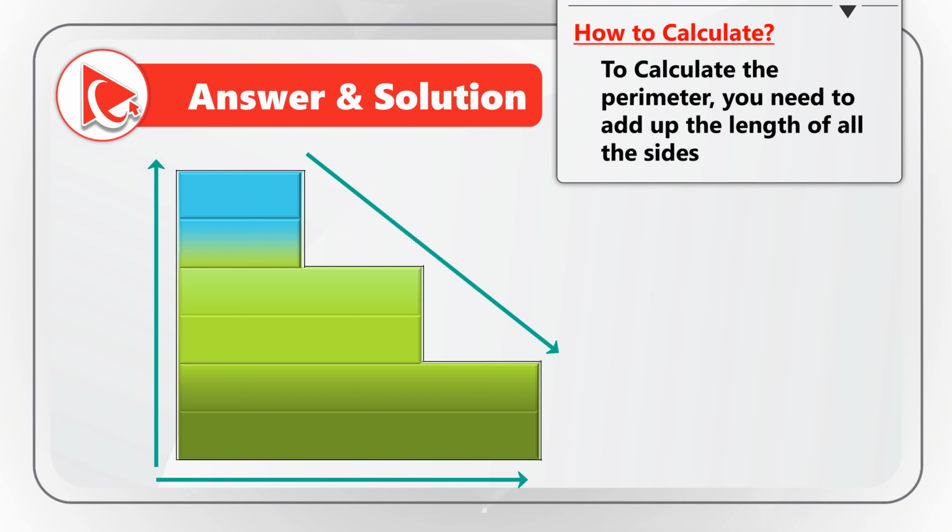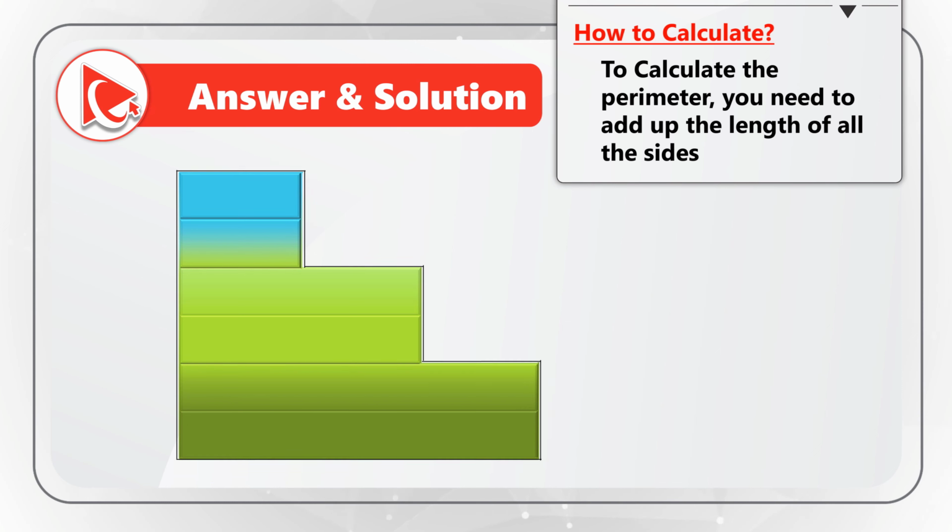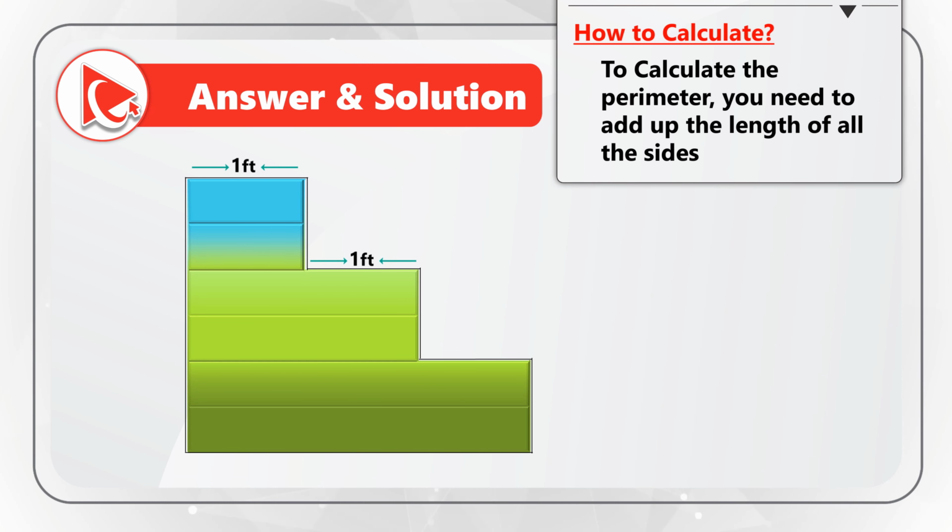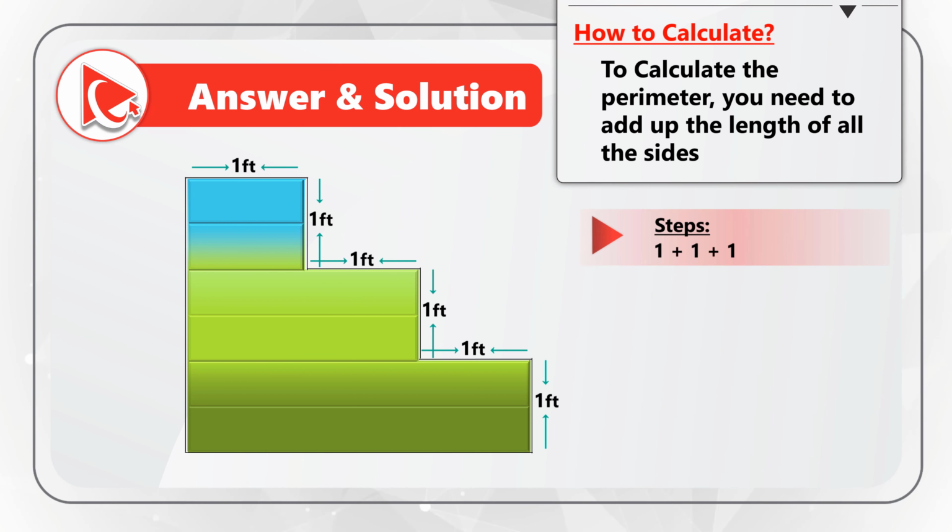So first, let's calculate the perimeter of the steps. The top sides are all 1 foot, and the height of every step is also 1 foot. So the steps would be calculated as 1 foot plus 1 foot, plus 1 foot plus 1 foot, and then you do it 6 times because it has 6 sides, which means that the perimeter of all the steps would be 6 feet.